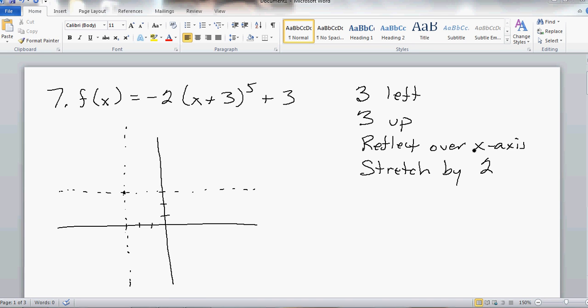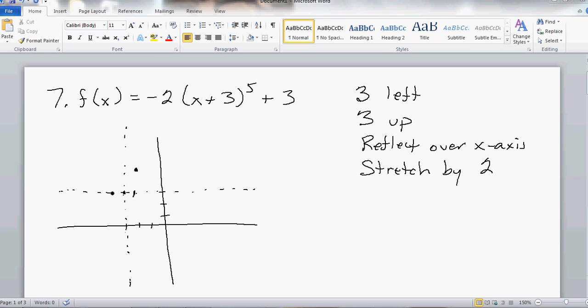Well, the reflection over the x-axis basically means since x to the 5th normally looks like this, reflecting over the x-axis means it's going to look something like this. And then finally, stretching by 2, well, instead of 1, it will be 1, 2, so I would have to come up to about here.